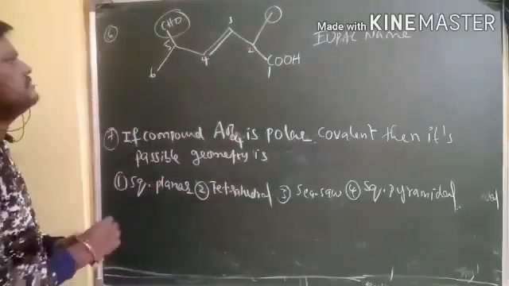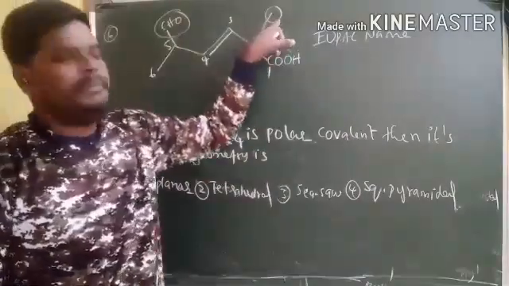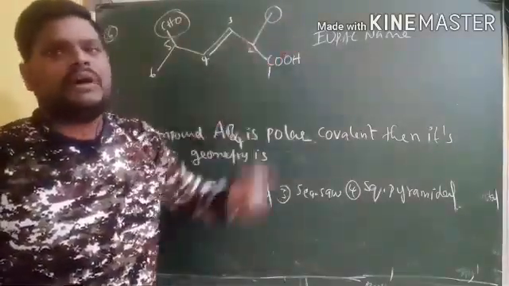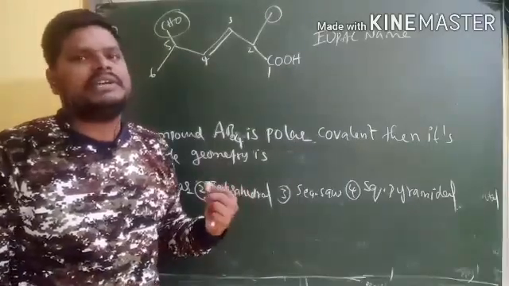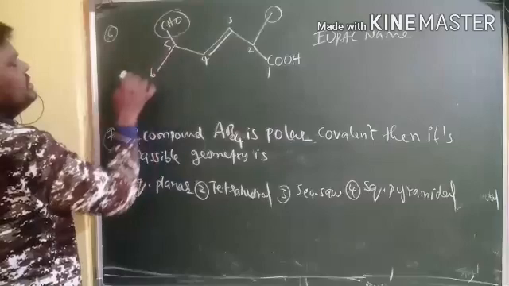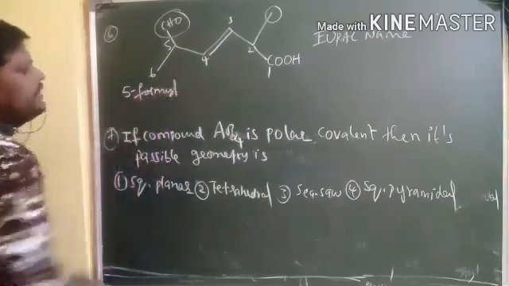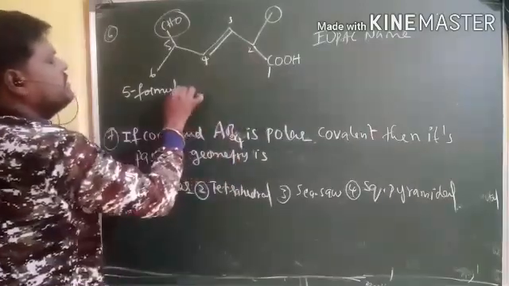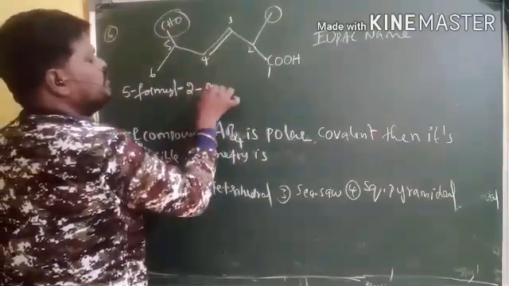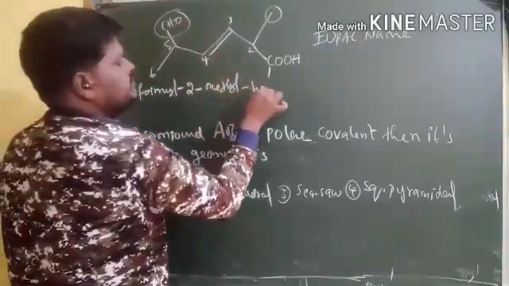First of all, write down the substituents here: aldehyde, formyl, methyl. So formyl comes first because of alphabetical order. The number of formyl is 5. That's why you can write 5-formyl. And what is the number of methyl here? 2. So 2-methyl. The longest chain is hex.